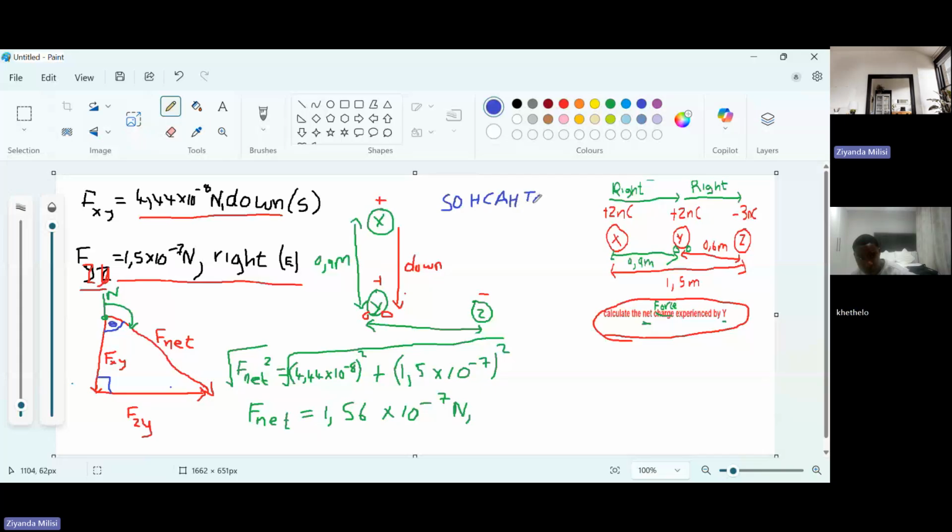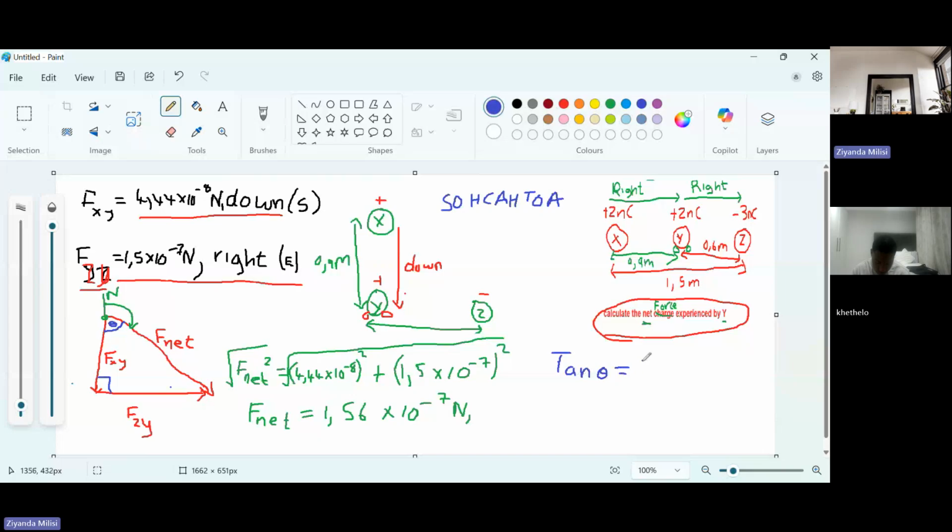You use your trig ratios to work out that theta. I can use tan theta, which is opposite over adjacent.